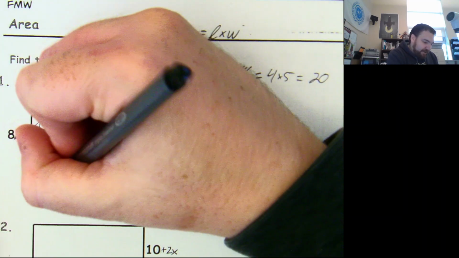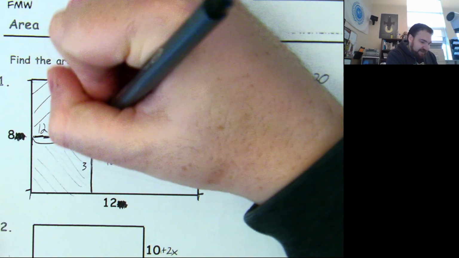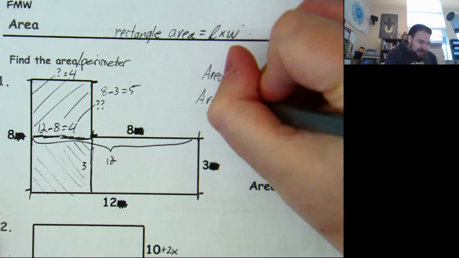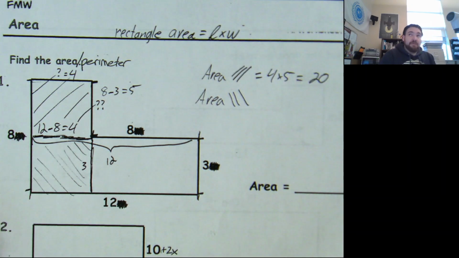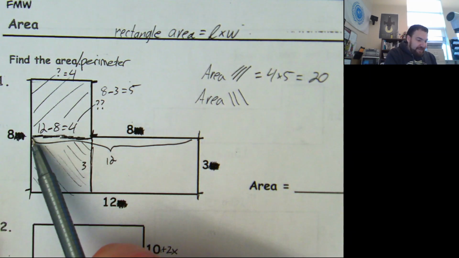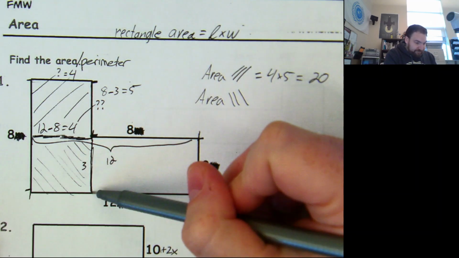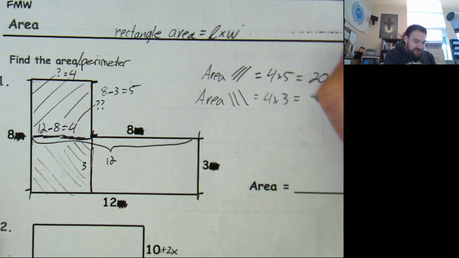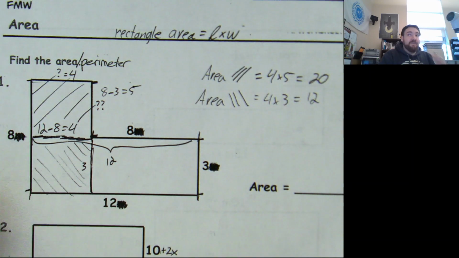I've got this shape here. I'll shade it in slightly differently. So then the area of this guy is going to be what? Well, length is 4, width is 3. 4 times 3 is 12. Again, you have your multiplication tables. You have access to a calculator now.